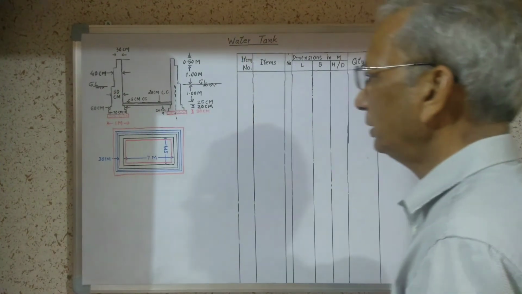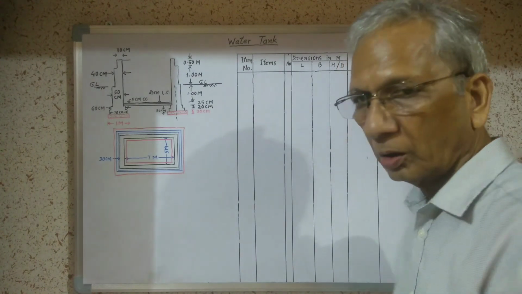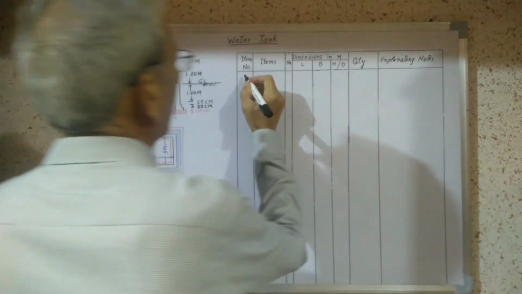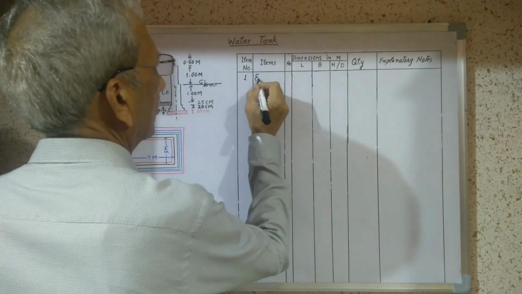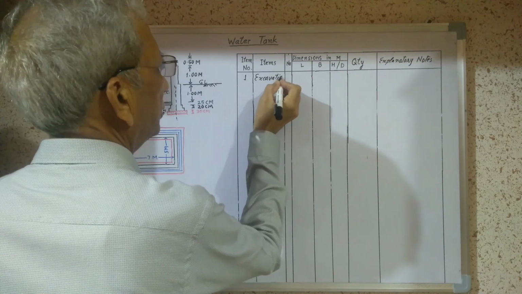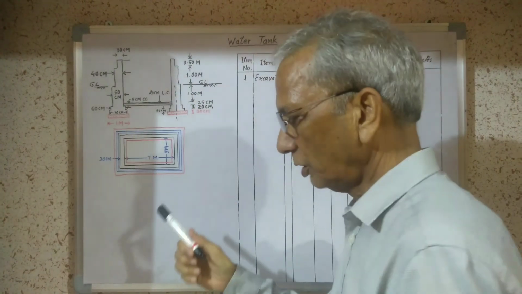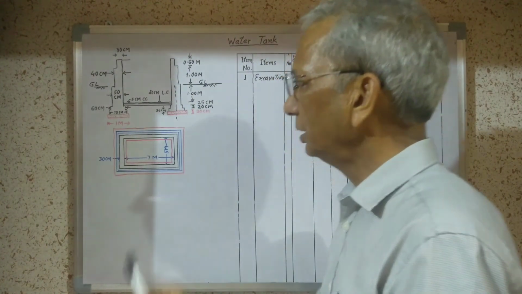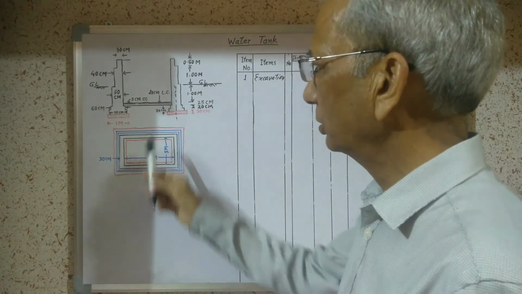Now, we will take first item, number 1, excavation. Because we are doing the calculation with the long wall and short wall method, first we will take long wall.